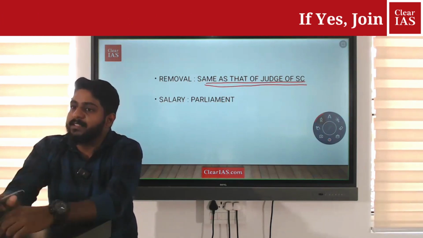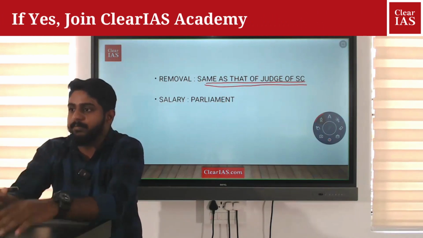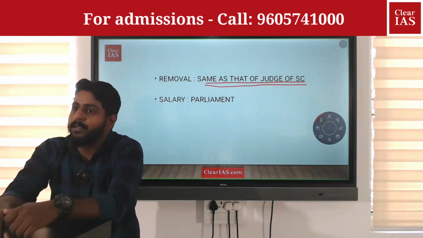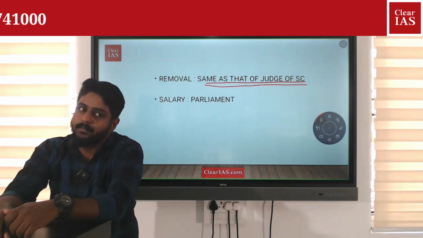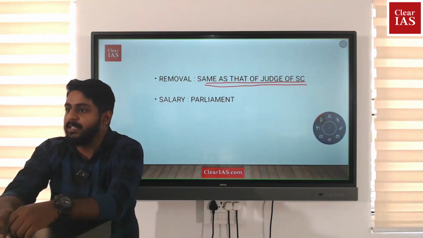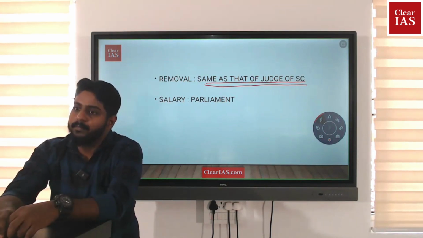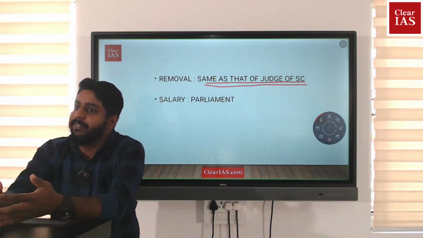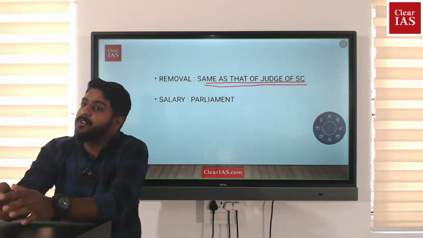Otherwise, Mr. Modi will decide that a Supreme Court judge should be removed, and will call the President of India, madam, this judge is a dangerous person, remove him. Isn't it? So that would be the interpretation of the way you have said it now. So that is wrong.